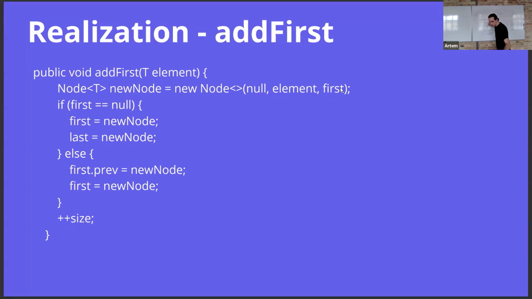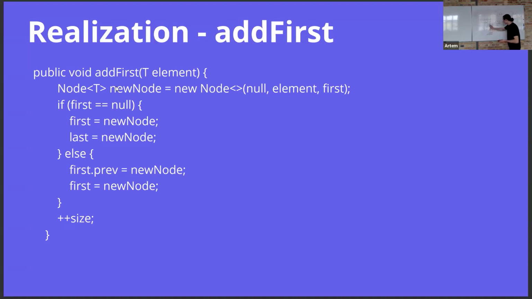Then if first element equals null, so if our linked list is empty, the next element of our new node is null, and this is okay for us, because if we have only one node in our linked list, it's okay to have next and prev null, right?